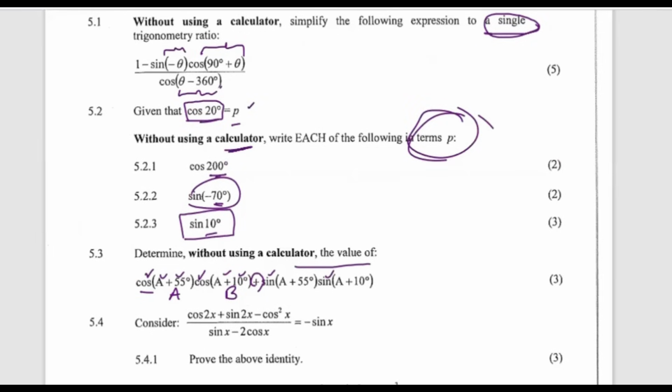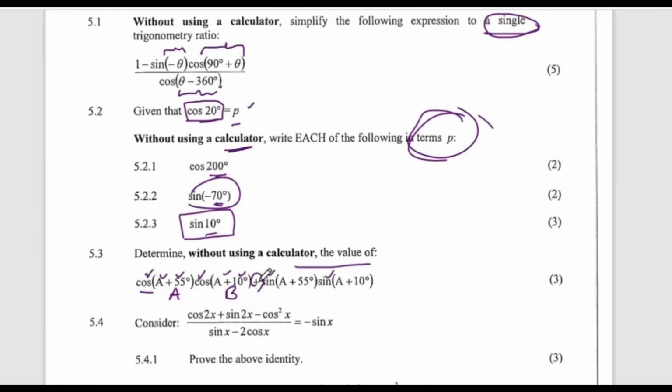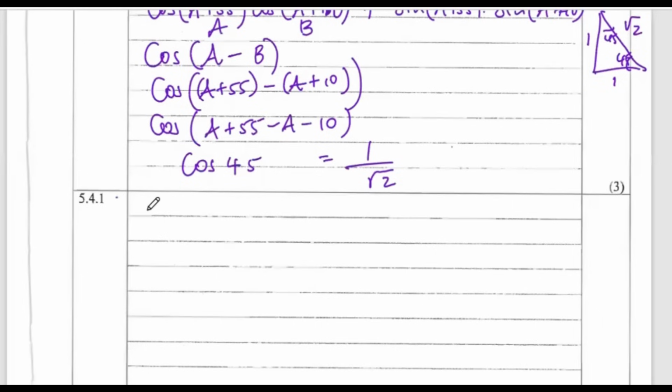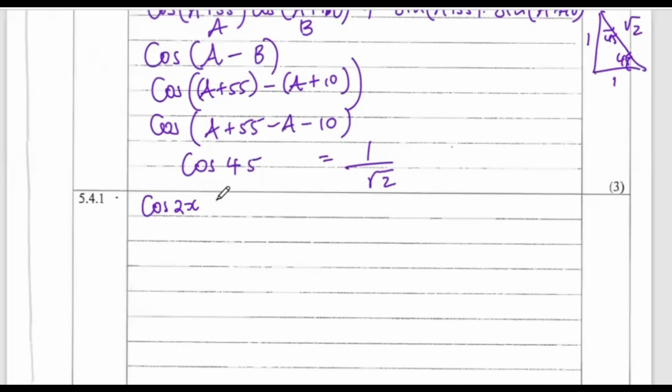Okay, and then 5.4.1. Okay, they want us to prove the identity. With proving, we have the question and we also have the answer at the same time. So that's a cos 2x plus sine 2x.